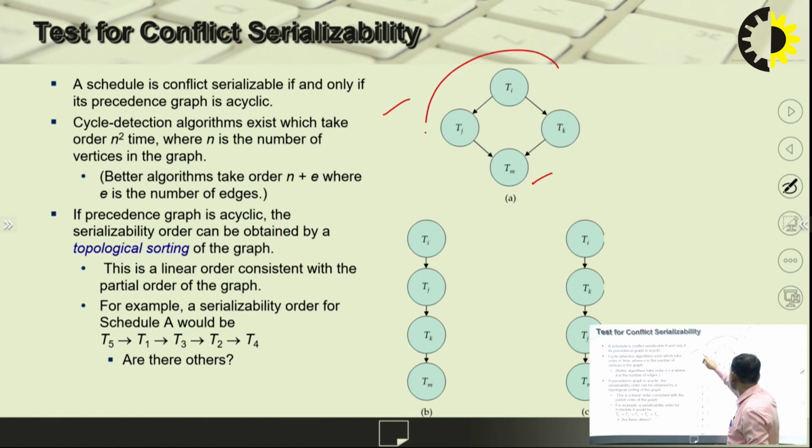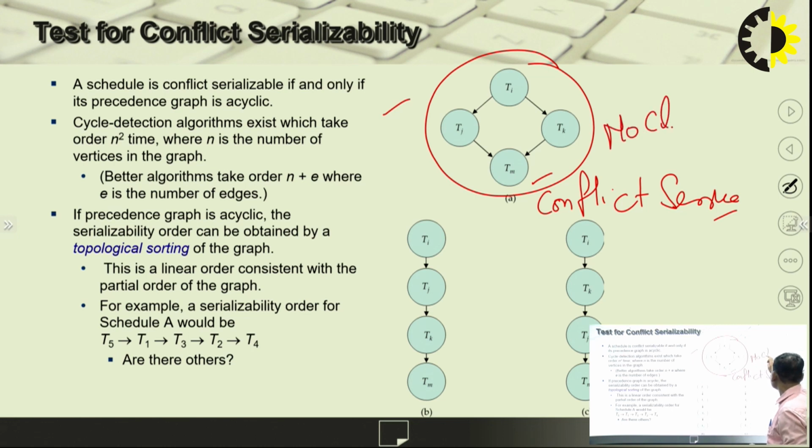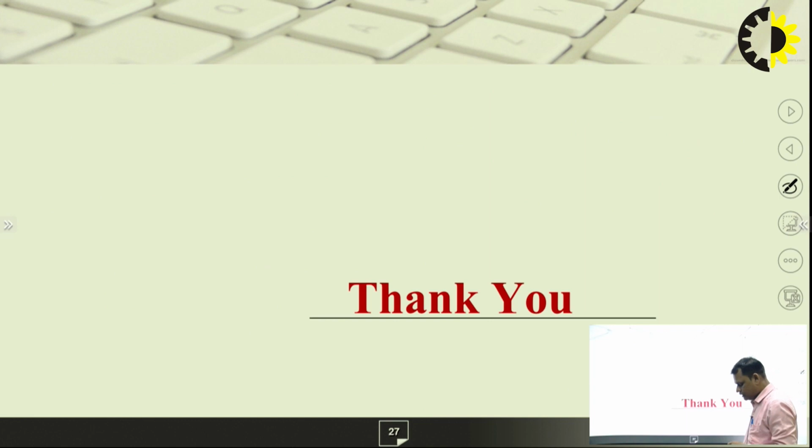If no cycle is found, this is known as conflict serializable. Thank you.